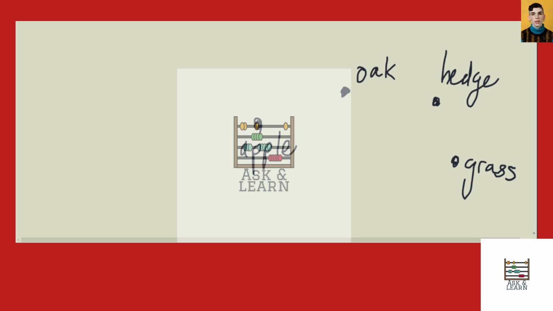Azalea is a plant. Pine is a plant. It's a tree. Fir is also a plant. And this will be the last of the plants.